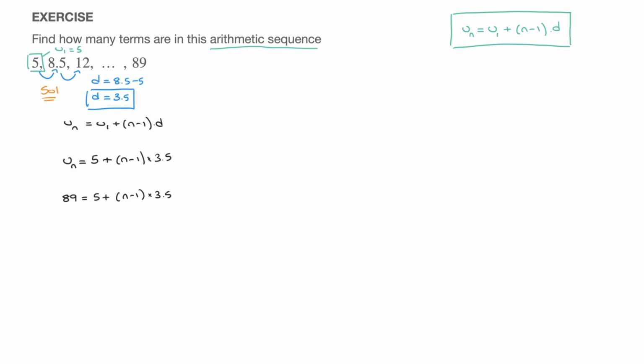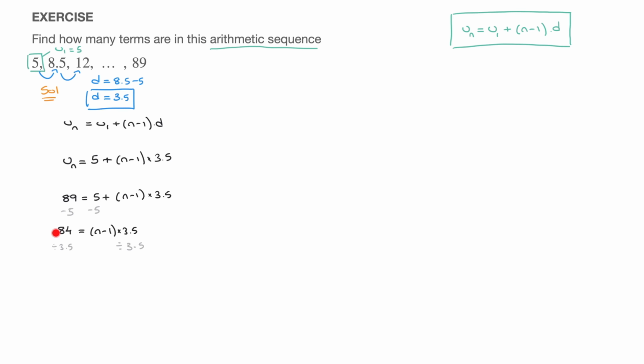Now, solving this equation, the first thing I'll do is get rid of the 5 on the right-hand side, and I do so by subtracting 5 from both sides of this equation, so that it becomes 84 equals n minus 1 times 3.5. And now I'll get rid of this 3.5, which is multiplying the right-hand side, and I do so by dividing both sides by 3.5.